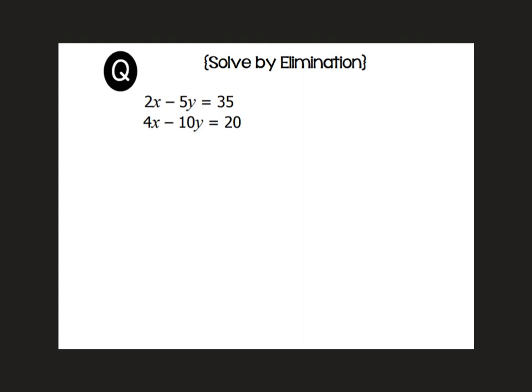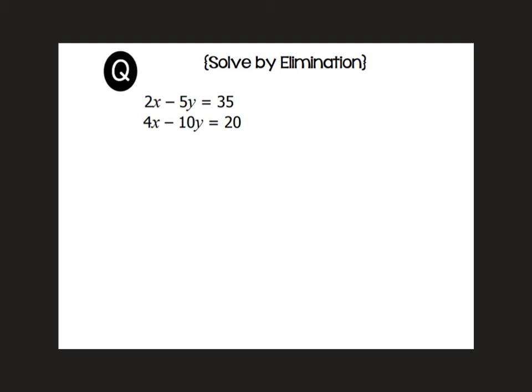And then this last example is solving by elimination. So remember, for elimination, the goal is for either the numbers in front of x to be the exact same or the numbers in front of y to be the exact same. And typically we want them to be opposite signs, so one positive, one negative. If I look at this example, neither of them match up, so I'm going to have to do some multiplication.